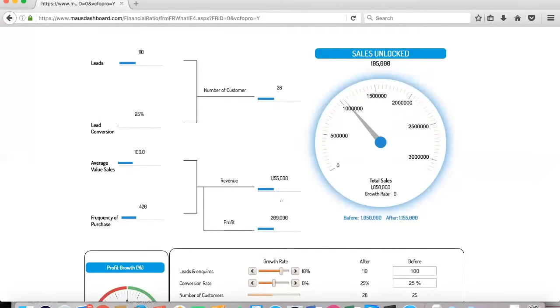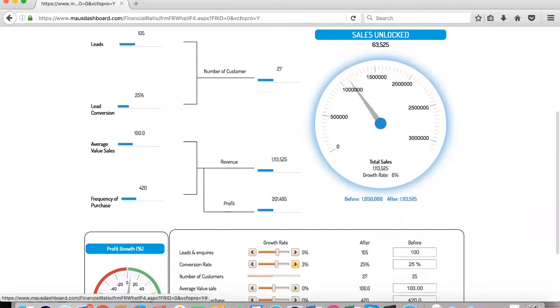So let's see if we can push this up. Let's not be too aggressive. Let's say we can generate 5% more leads, and our conversion rate, we will be able to increase that by 5. And already we are unlocking sales of 107,000.